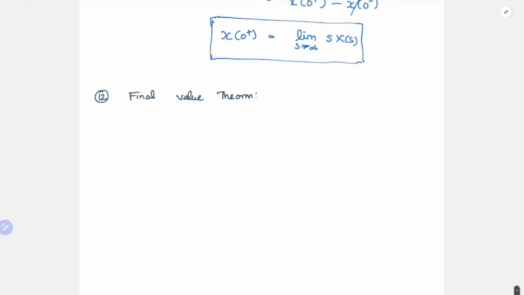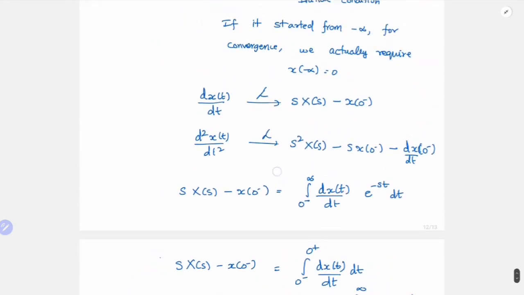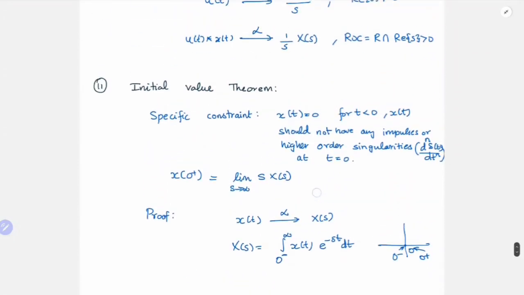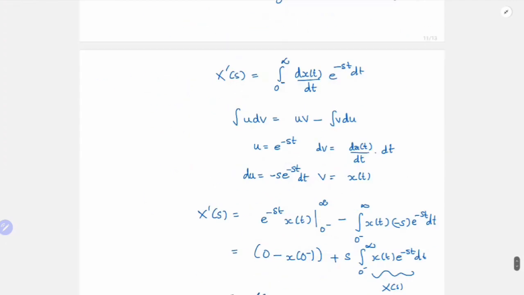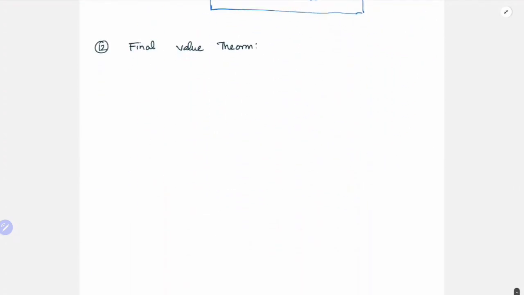For the initial value theorem, we had the constraint saying that there should not be any impulses or higher order singularities at t equal to 0. Similarly, for the final value theorem, we want x of infinity to be finite. So x of t should be finite as t tends to infinity, and the other constraint also holds true. x of t should be equal to 0 for t less than 0.